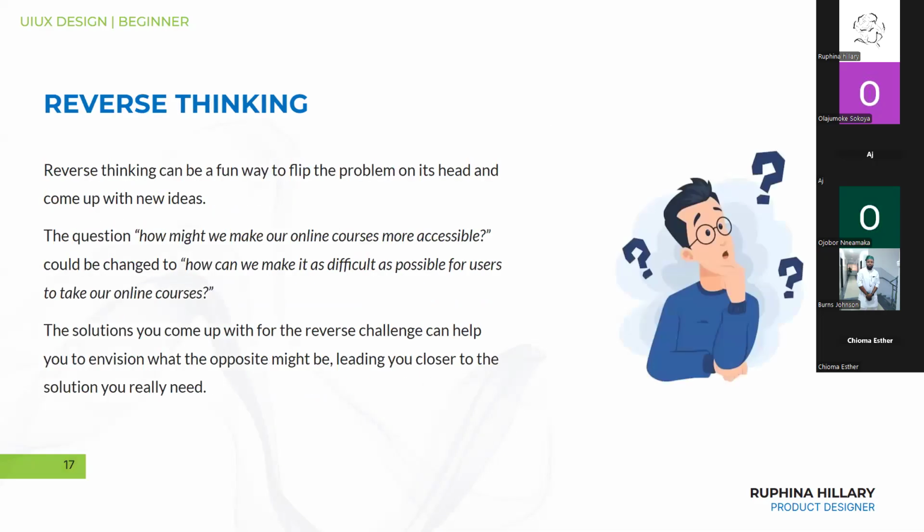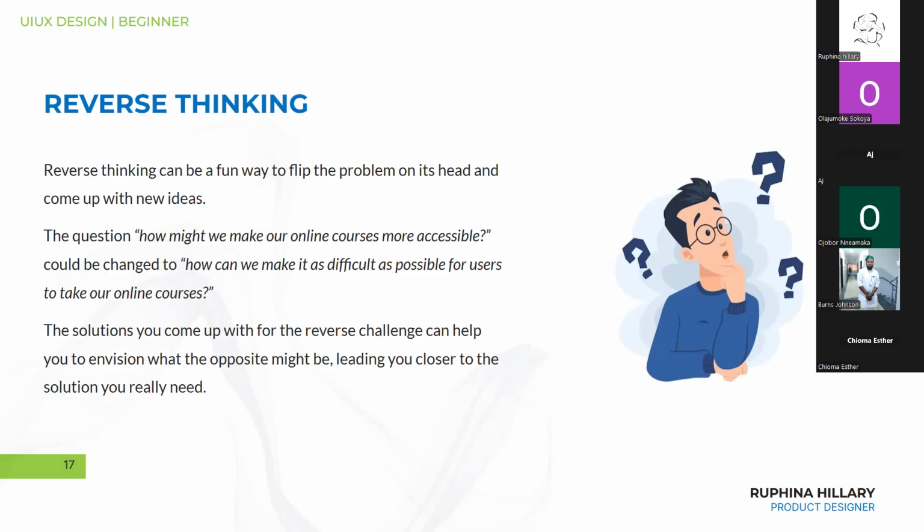Another one is reverse thinking. Reverse thinking is another method of ideation. Instead of thinking about a problem as it is, or using the how might we statement, we flip it. For example, asking yourself, how might we make our online courses more accessible?